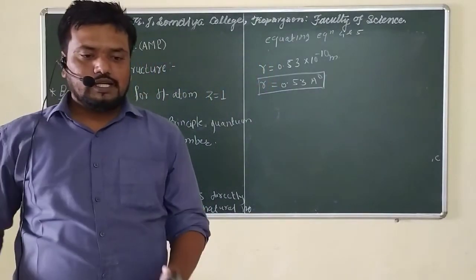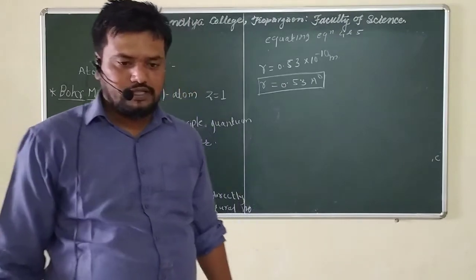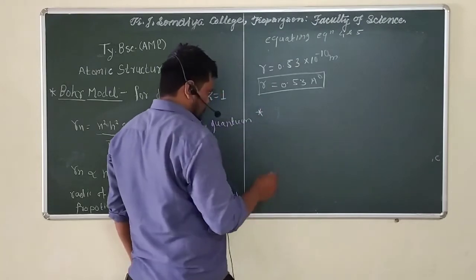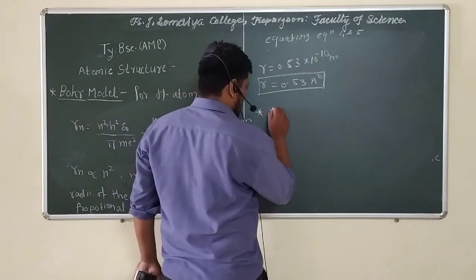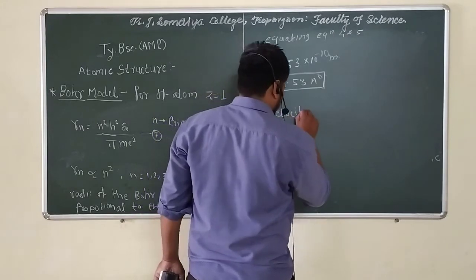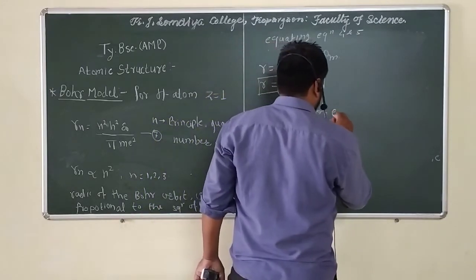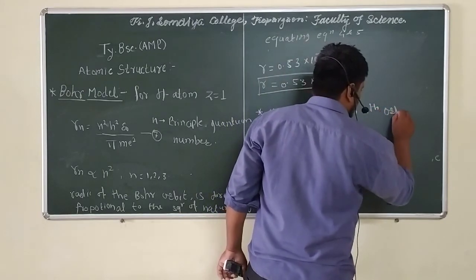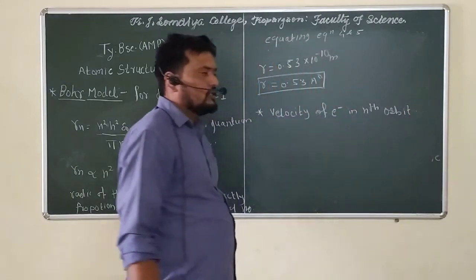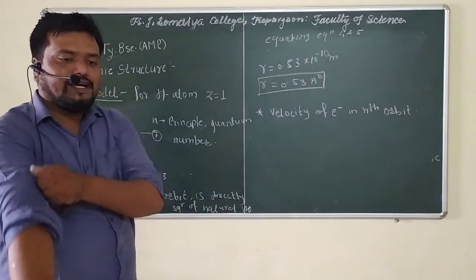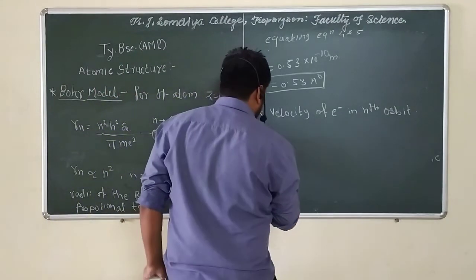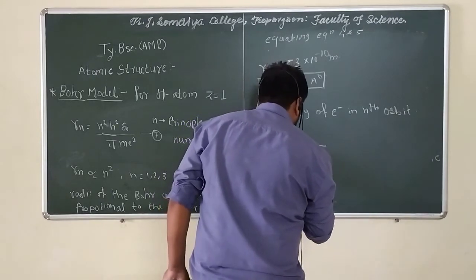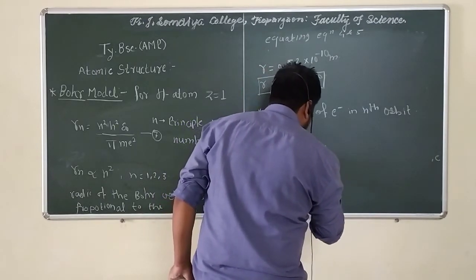So we also want to calculate the velocity of an electron in the nth orbit. A small point of the third postulate: we want to calculate the velocity of electron in nth orbit, and that velocity formula is Vn is equal to e square upon 2 epsilon naught n h.